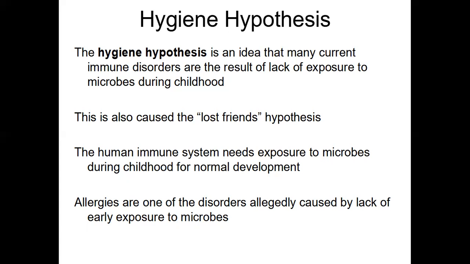If you take that away, we don't develop normally. If you're too clean, you're going to have allergies and other disorders, right? So you can't be too dirty, you can't be too clean. Honestly, this is a tough one. How do you find the middle there? People don't know that yet, but this is a very important concept. Don't be too dirty, don't be too clean.